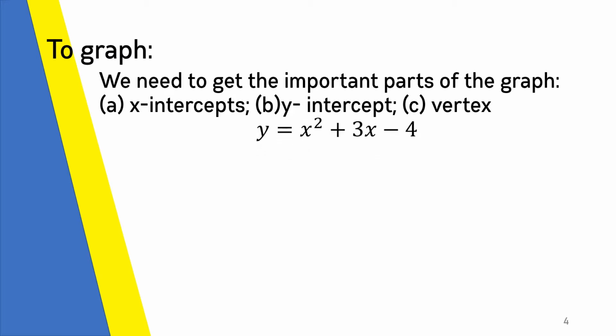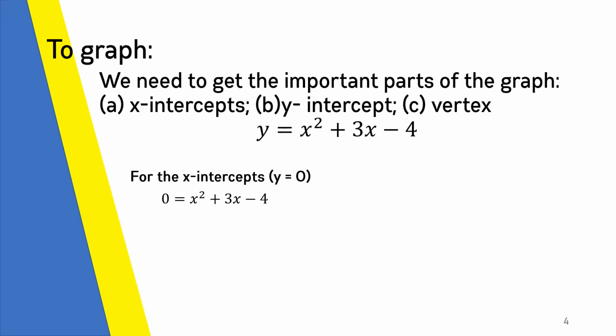Okay. So we have here the function y is equal to x squared plus 3x minus 4. For the x-intercept, we have to consider that y is equal to 0, since this point is lying on the x-axis. So the value of y is 0 when it is on the x-axis. So let's substitute y is equal to 0.